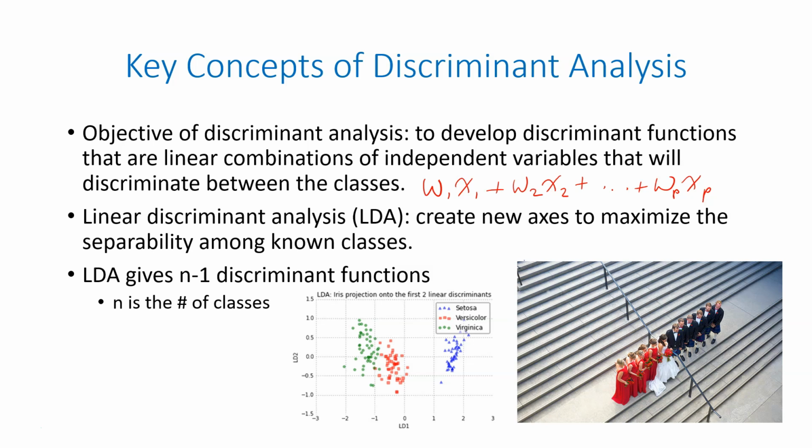For example, if you look at the picture at the bottom right of this slide, with the bride and groom and the bridesmaids and the groomsmen all standing along a line, the people standing on the left side of this line are all female, whereas the people standing on the right side of this line are all male.